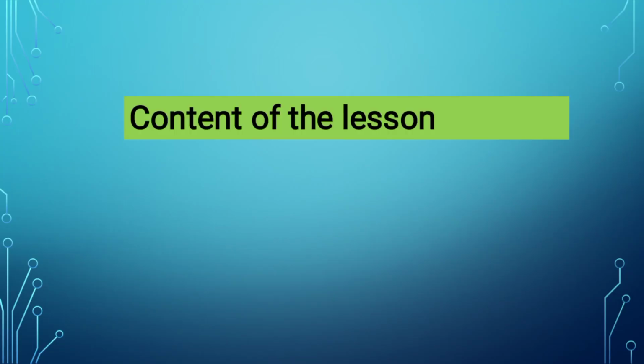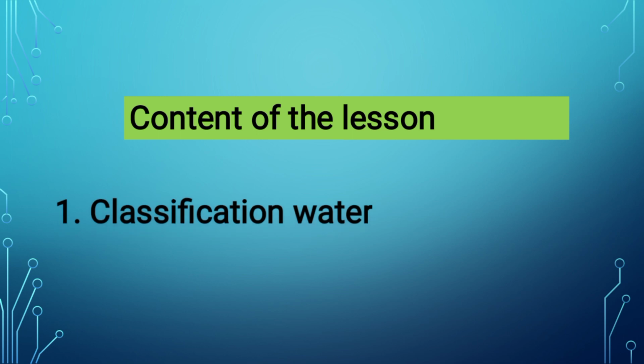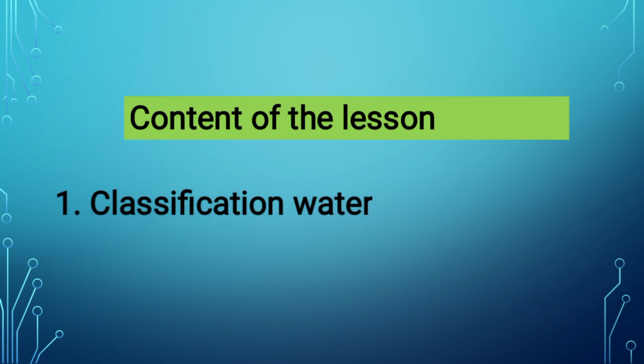So, in this video, we are going to be looking into water. I have the content of the video, which is classification of water. That is what we are going to be looking into here.